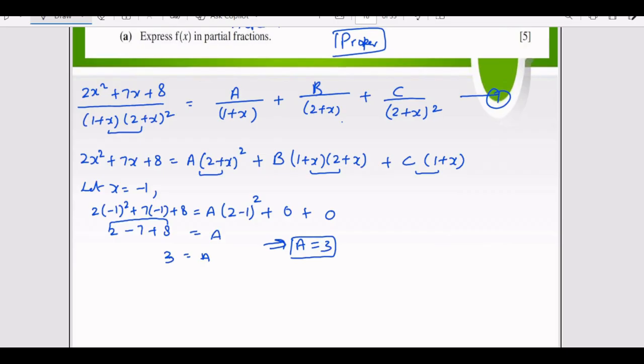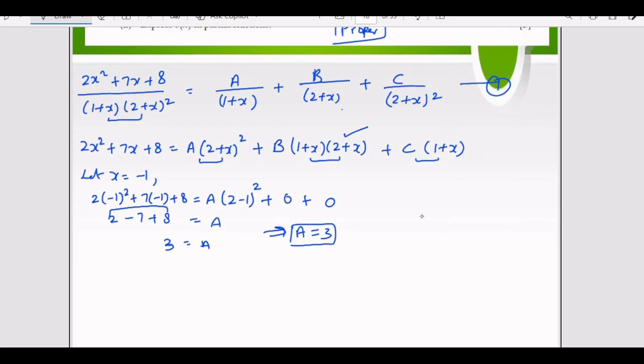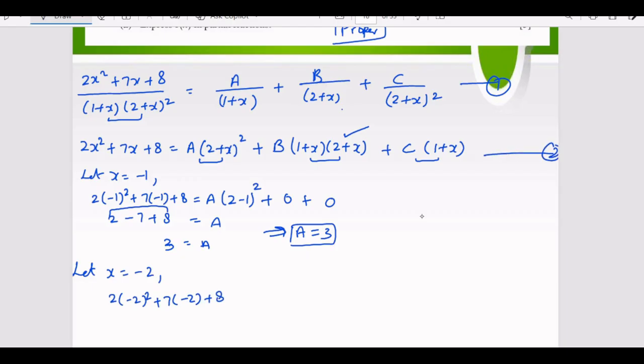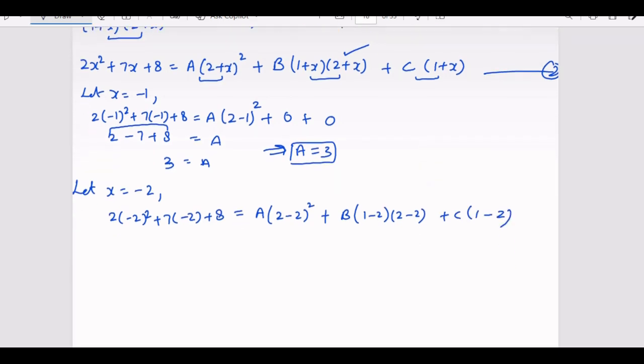Now let's substitute another value. We have another factor here, 2 + x, so we can substitute the value of x equals -2. The left hand side is going to be 2(-2)² plus 7 times -2 plus 8. We are still using this second equation to find the values, equals A, then we have 2 minus 2, which is going to become 0, and then we have B into 1 minus 2, and this is also 2 minus 2, which is going to become 0, and you can even skip this, just write 0 here.